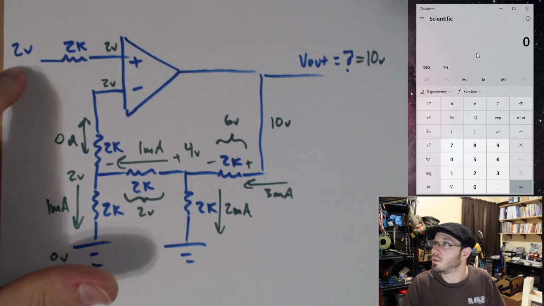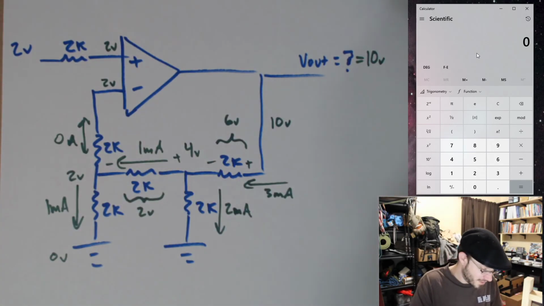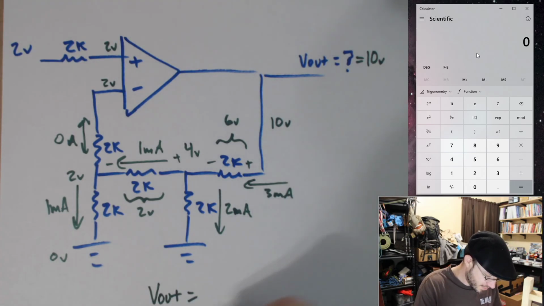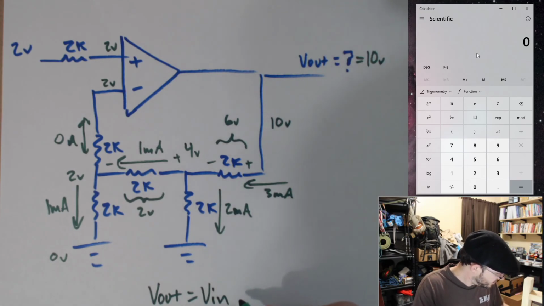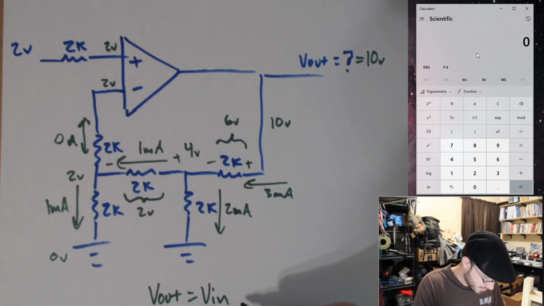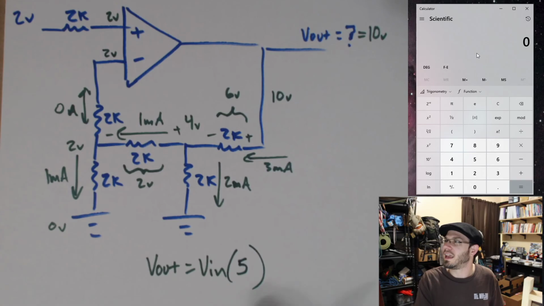If I get a 2 volt input, I'm getting a 10 volt output. Looks like I got a non-inverting amplifier with a gain of 5.